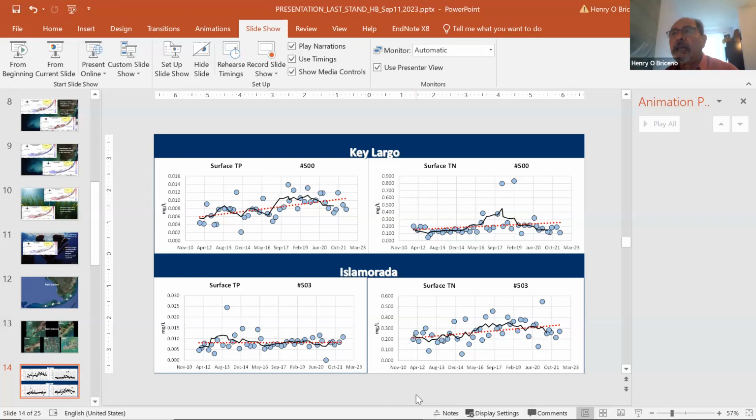And so you can go around the Keys with that on your boat, and then you can get the data on water quality in those areas. It's not the whole thing, it's not nutrients, but there are some other parameters that you can measure. You have an idea of water quality. And that's what I'm going to be doing, starting this next sampling at the end of this year, besides what I'm doing now.